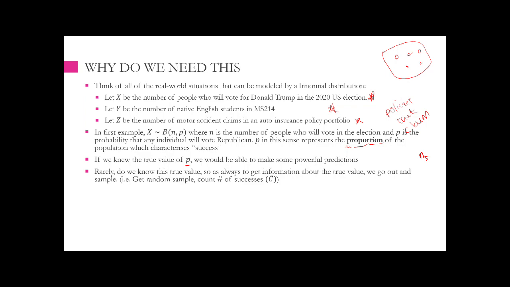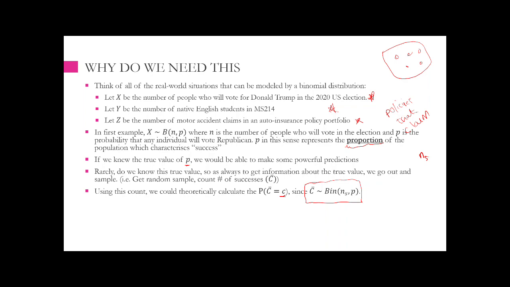So once you have that number, once you have that observation of what C is, right, you could theoretically calculate the probability of seeing your C bar, the number of successes, being equal to an observation value. You could calculate that, but because we know that C bar is a binomial, right?